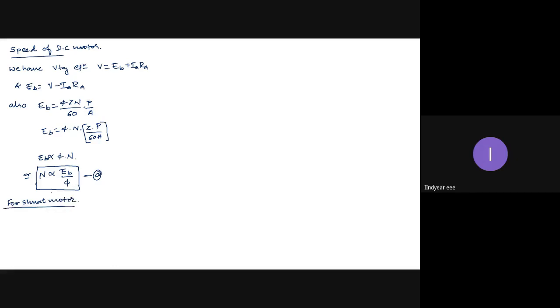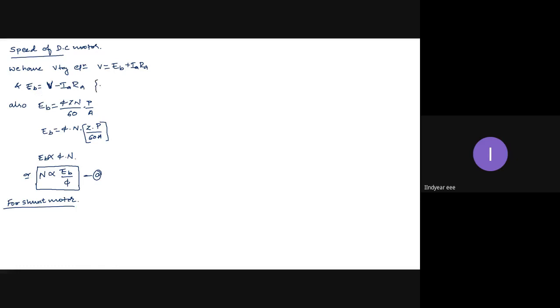If I vary the armature current, when do I vary the armature current? When the load is varied. If load is varied, armature current varies. Now observe, this EB, from the equation V minus IRA, is completely dependent upon the load current. Why? Because my input voltage V and armature resistance RA are constants. So EB depends on IA.